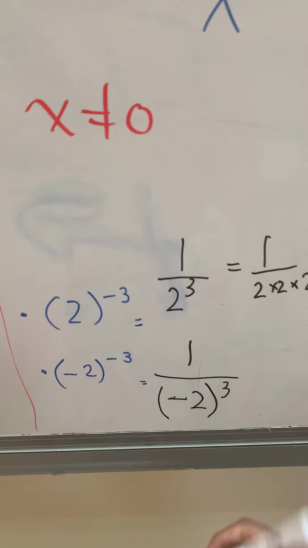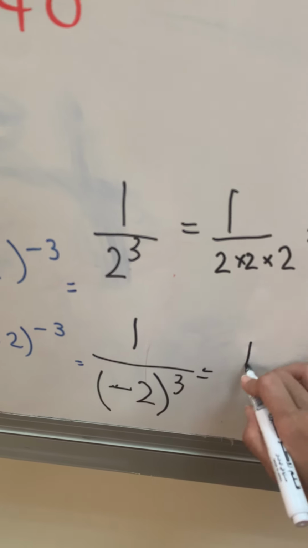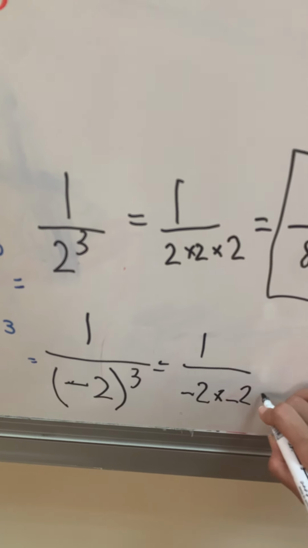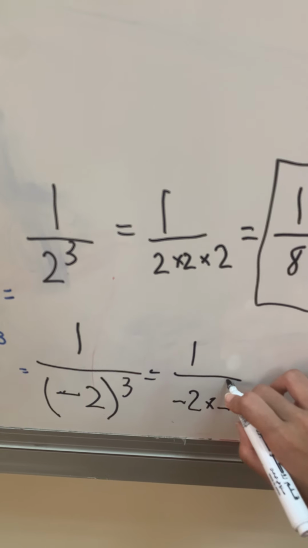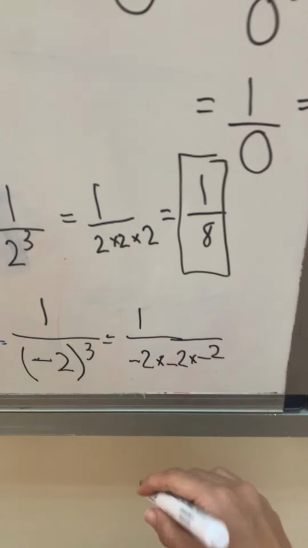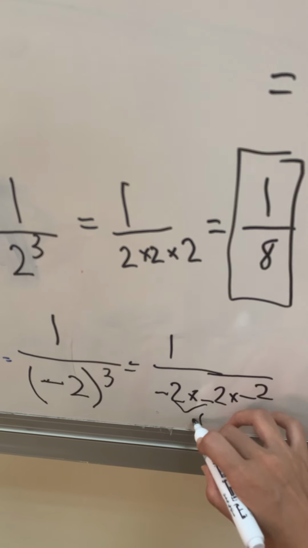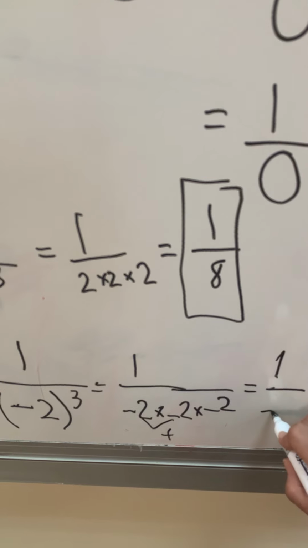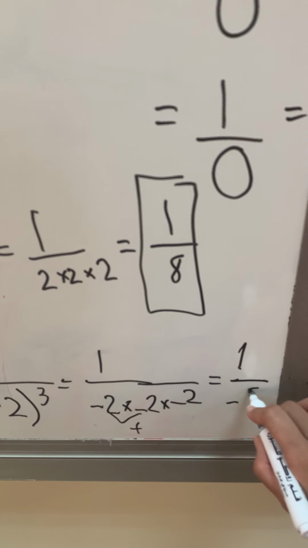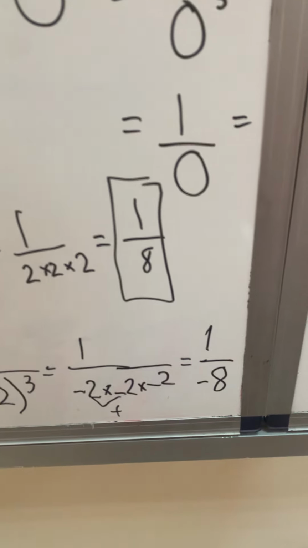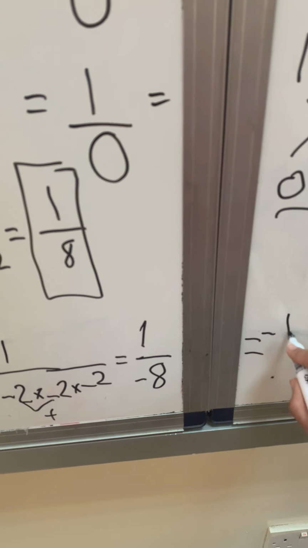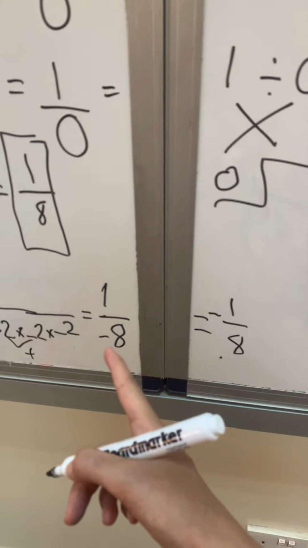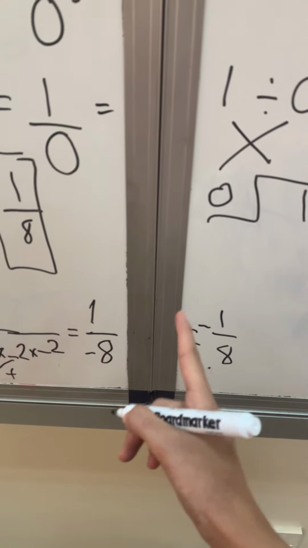So here minus 3 becomes 3. So this is equal to 1 over minus 2 times minus 2 times minus 2. Now, if I solve this, minus times minus is plus, but plus times minus is minus. So you will get 1 over minus 2 times 2 is 4, 4 times 2 is 8. So 1 over minus 8 or minus 1 over 8. Okay? And why? Because remember, when you have a negative, you can write it down, or you can write it up, or you can write it beside it.